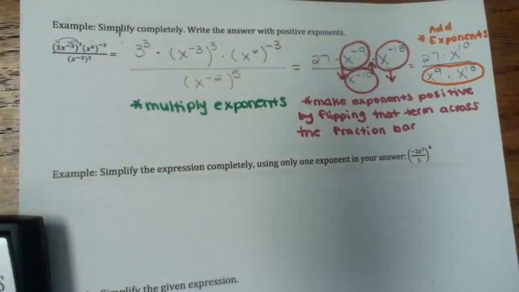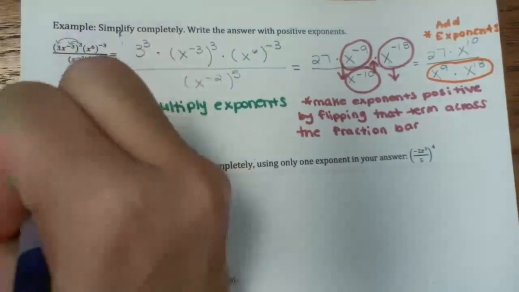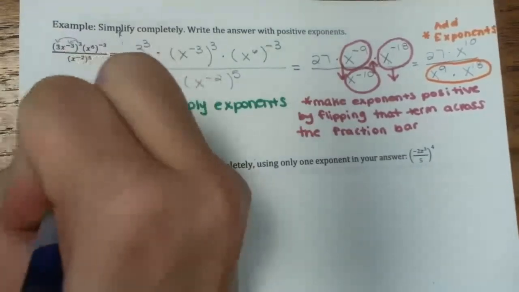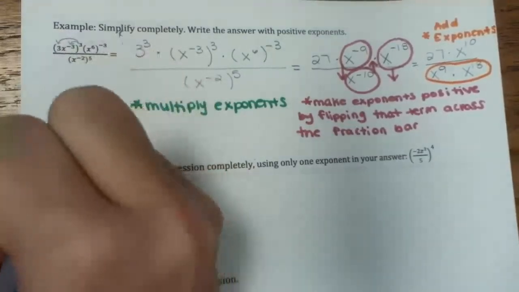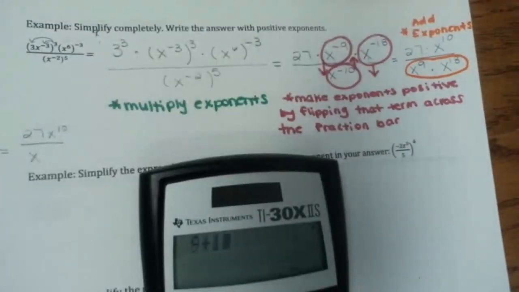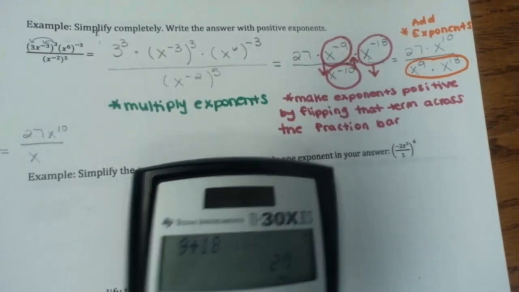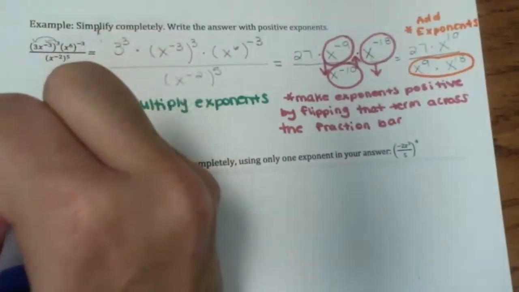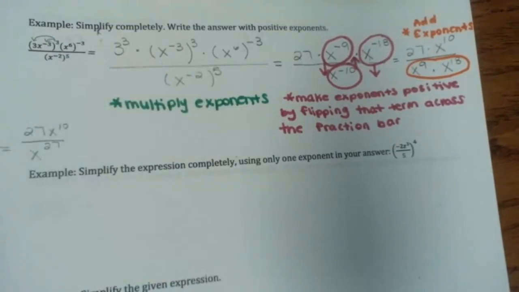They're both x's, so they're like terms. We can combine them together and add our exponents. So going over here, we have 27 x to the 10th up top, all over x to the 9 plus 18. So 9 plus 18 would give us 27. So x to the 27th power. So 27x to the 10th over x to the 27th power.